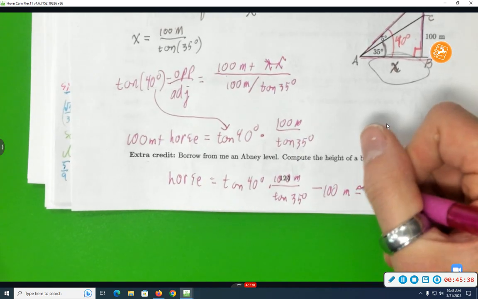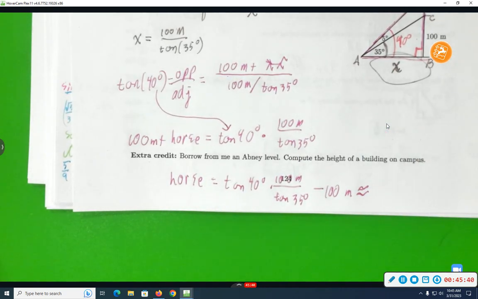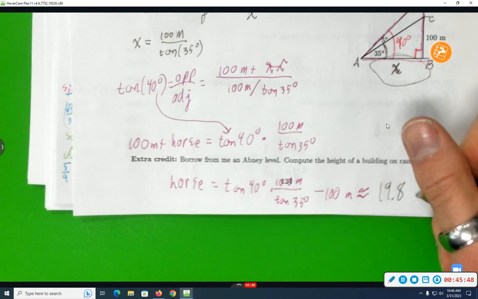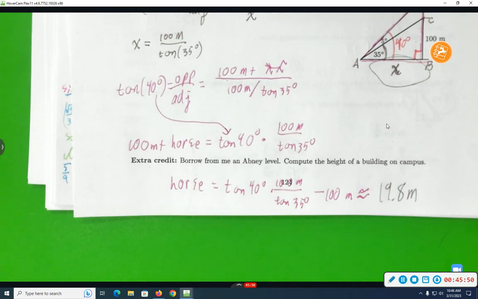Now that I have the thing I'm actually interested in, let's get that decimal approximation. About 19.8 meters. A fairly tall statue. Well, it's not an actual size statue, I guess.